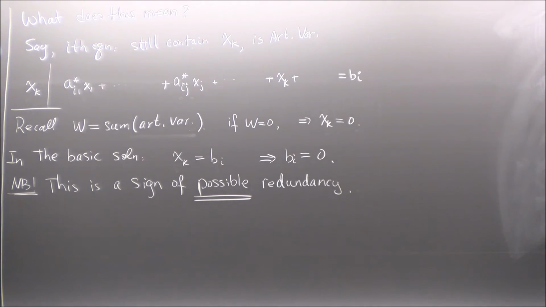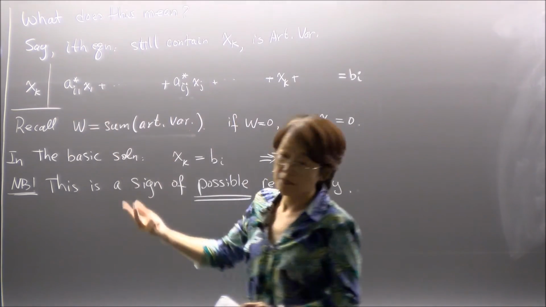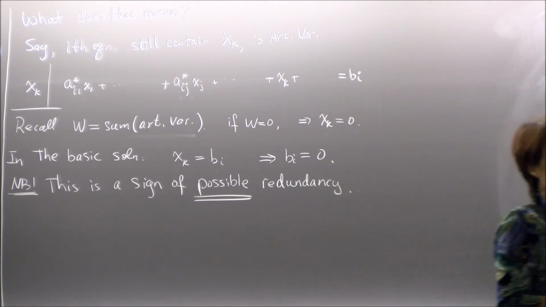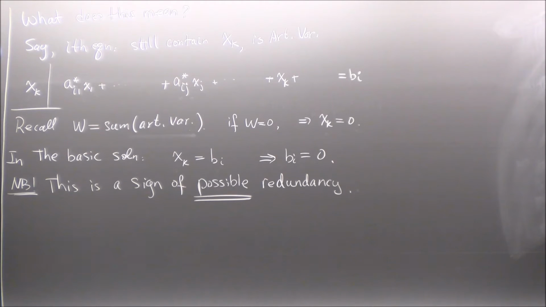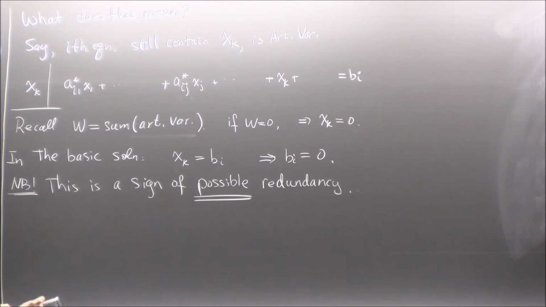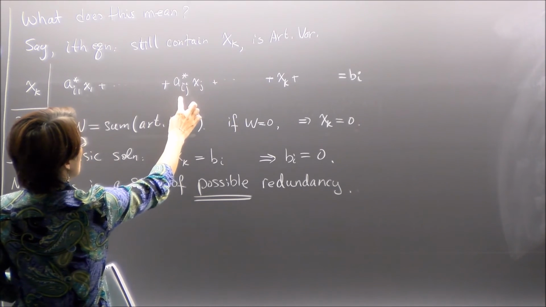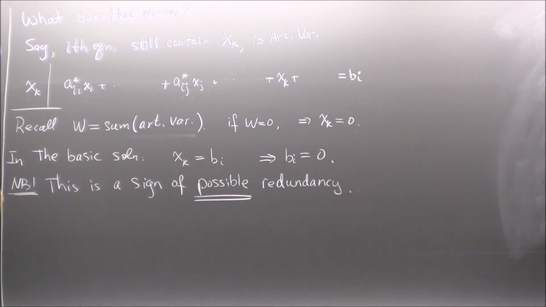Now I just have one goal, that is to get rid of these artificial variables in the set of basic solutions and make my original system canonical. Is that clear? That's what you want to do, right? Okay, so now that's what we want to do. I want to find candidates in the original variable set so that I can switch it with xk. I want to pivot right there.